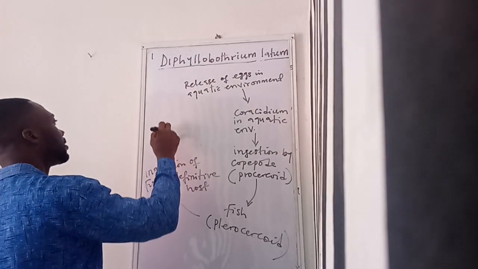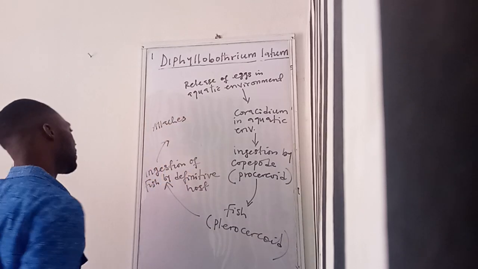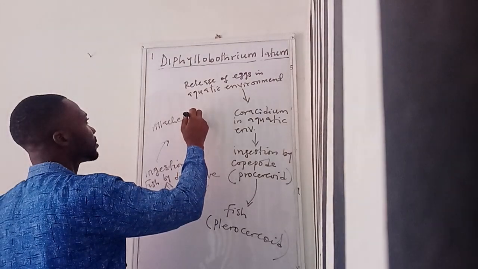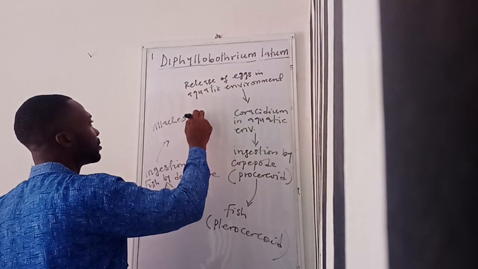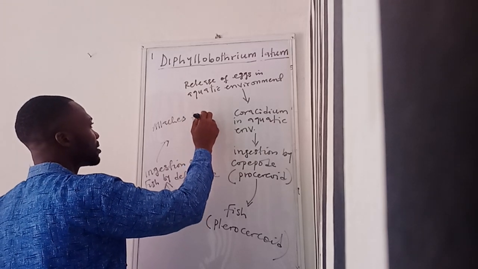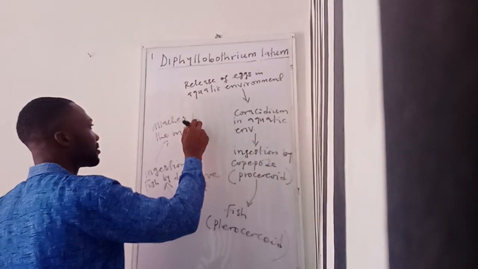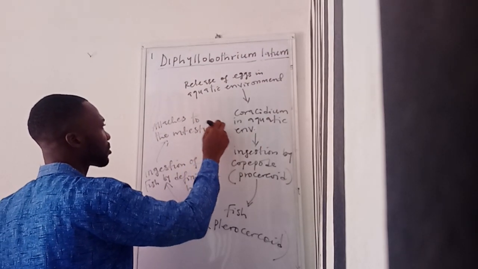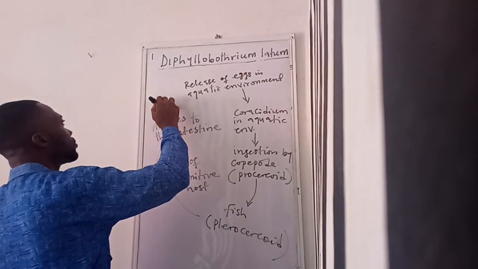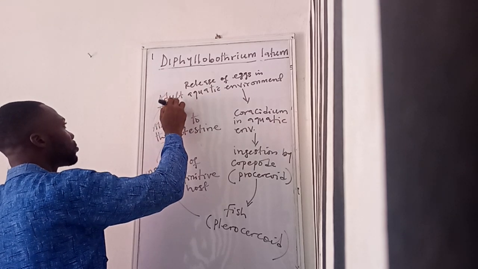Then the larva, which is the plerocercoid, attaches itself to the intestine, then matures into adult worms.